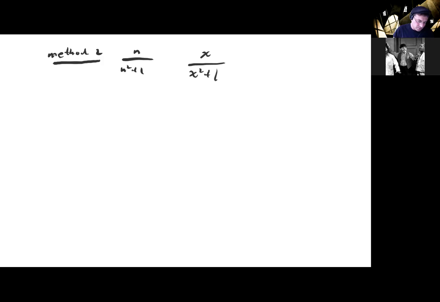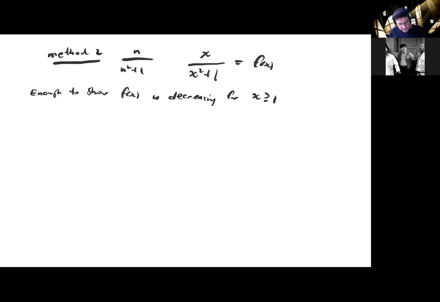I'm replacing n, which is an integer, by any real number x. Let's call it f of x. So it's enough to show f of x is decreasing as a function for x at least 1.